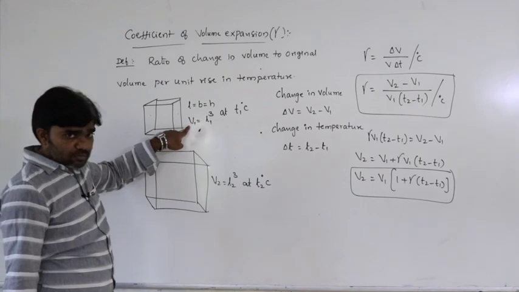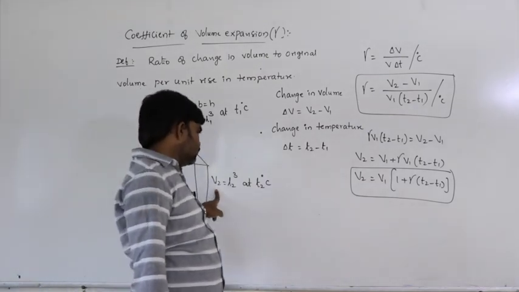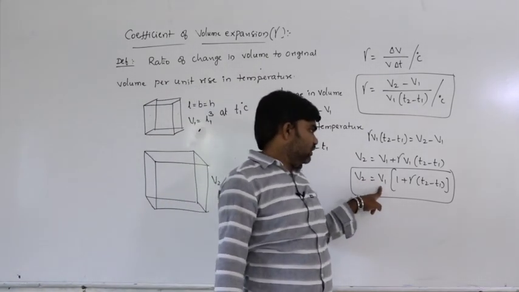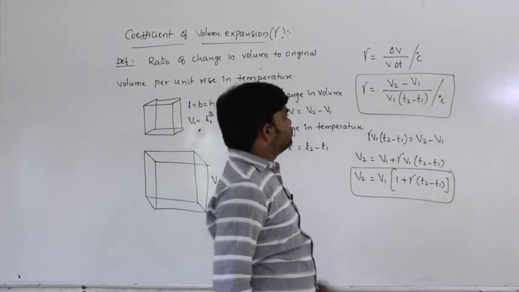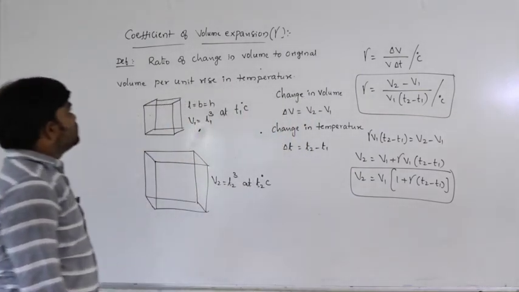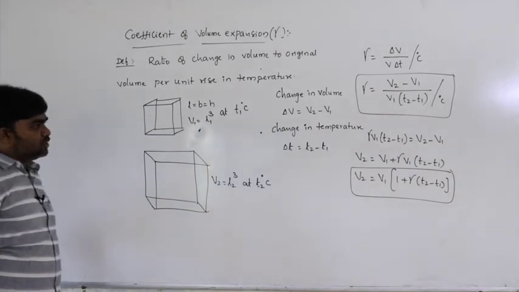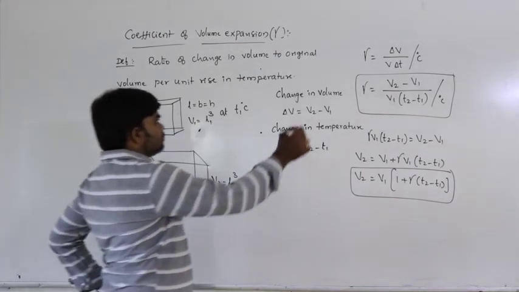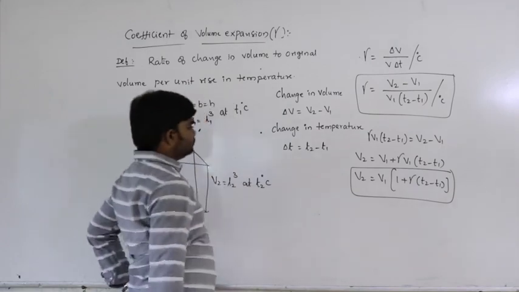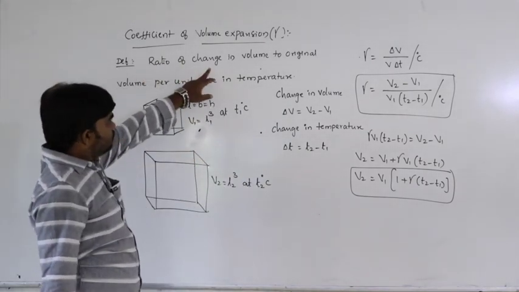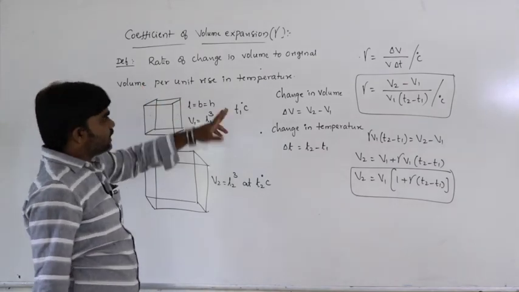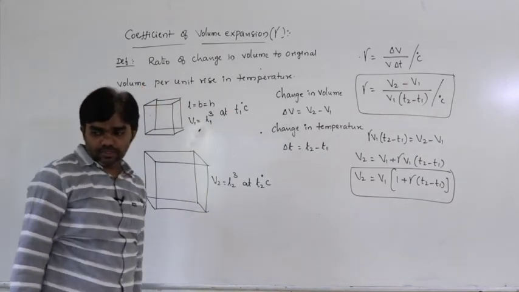If the initial volume is V1, how can you find the final volume? V2 is equal to V1 into 1 plus gamma into T2 minus T1. So this is the coefficient of volume expansion, based on the ratio of change in volume to original volume per unit rise in temperature.